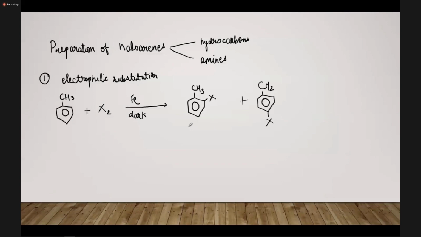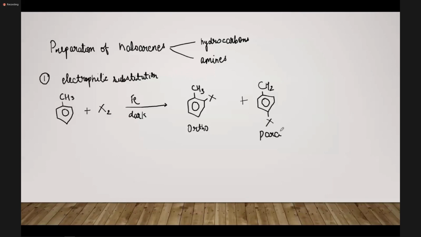This one is known as the ortho derivative, so it will be known as ortho-halotoluene, because this is toluene. And if this X halogen is chlorine, then it will be known as ortho-chlorotoluene, and this one will be called para-chlorotoluene.